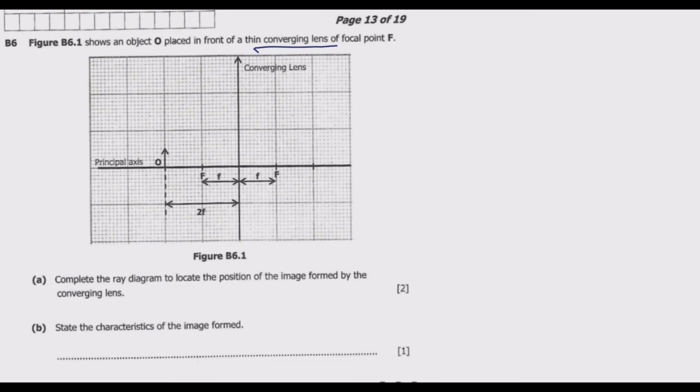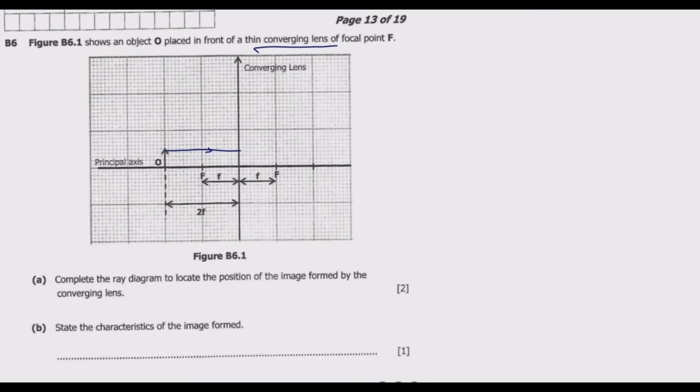Ideally if the object is at 2F, the image will also be at 2F on the other side of the lens. To complete the ray diagram, we need to draw a line parallel to the principal axis from the top of the object going into the converging lens. So we draw a line like this. It is a straight line.